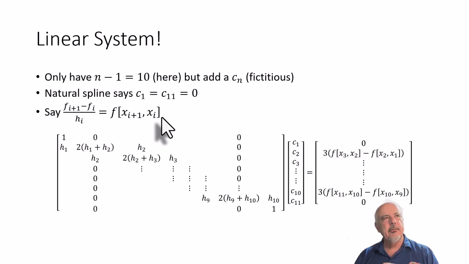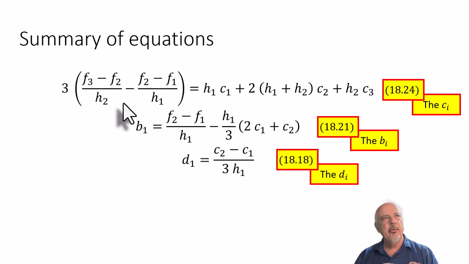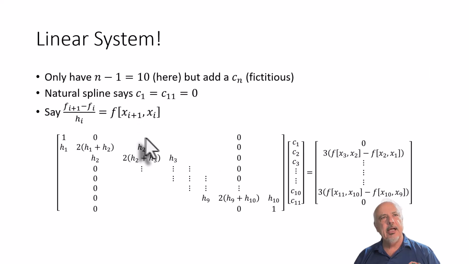So let's go back and figure out what that means. That's coming from here. Remember, if we go back and look at the CI equation before we did the transition to the I, this equation right here is precisely the equation I just talked about for the second row of that linear system. Okay, so that takes care of that.